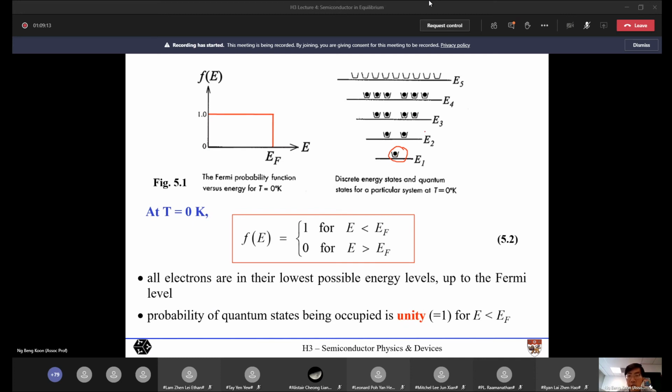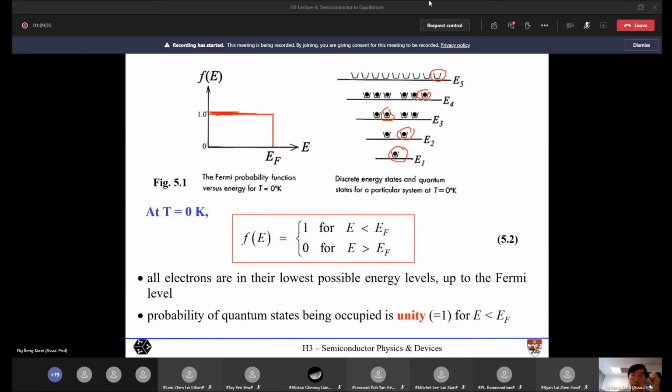And similarly, if you go to higher energy levels, there's also an electron there. Probability is 1, right? At this level here, also probability 1. Can you see now that this corresponds to this portion here, the low energy levels below EF, and you come to the highest one where it's still occupied as E4, and when you go above it, E5, what can you say now?